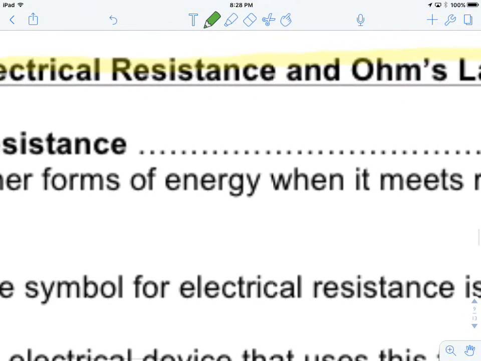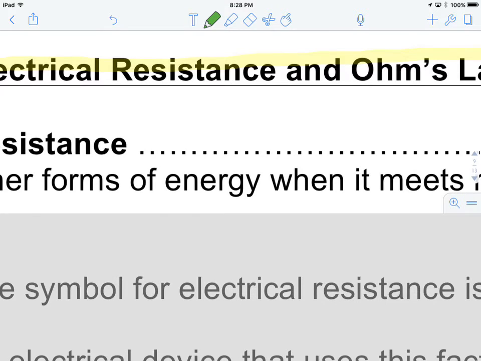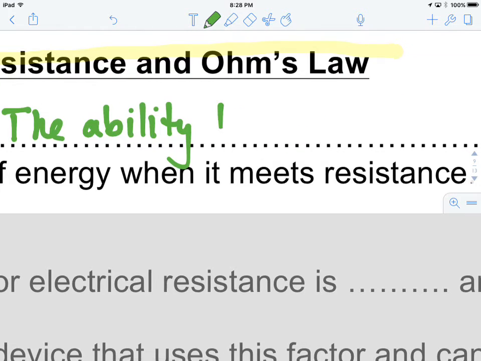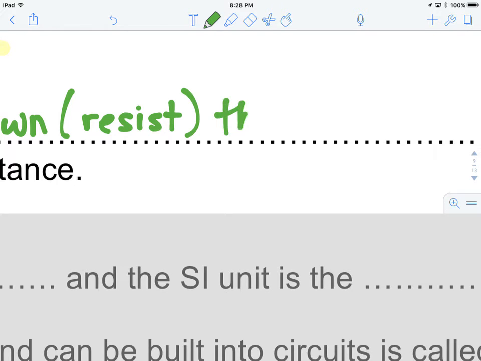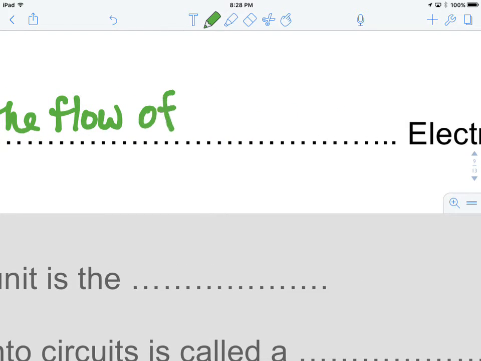Resistance is what we call the ability to slow down or resist the flow of electrons in conductors.